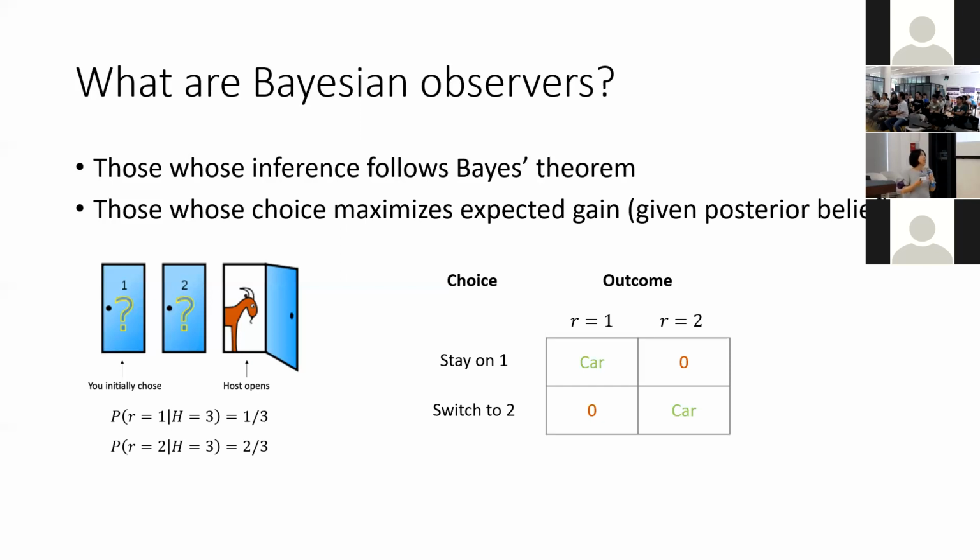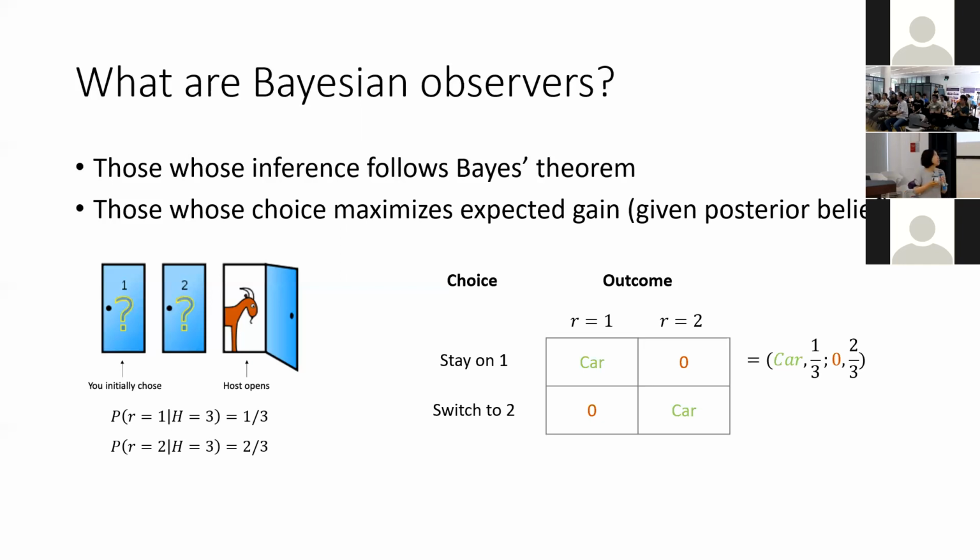It's kind of obvious that if the car is in the first door, then if you stay on 1, you will get the car. And if it's in the second door, then you switch to 2, you get the car. So what we have for the 2 possible options are actually lotteries.